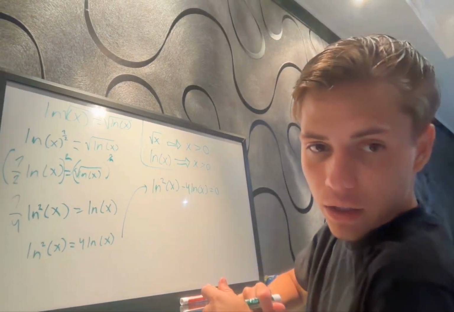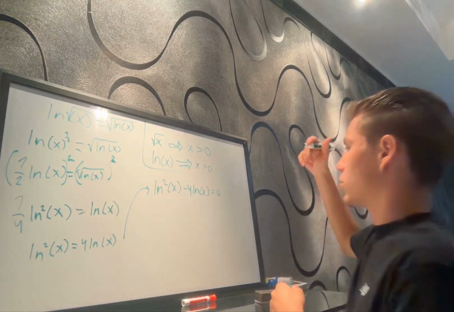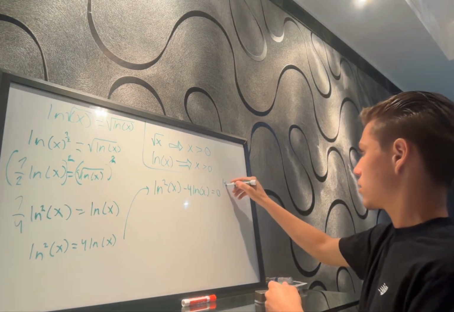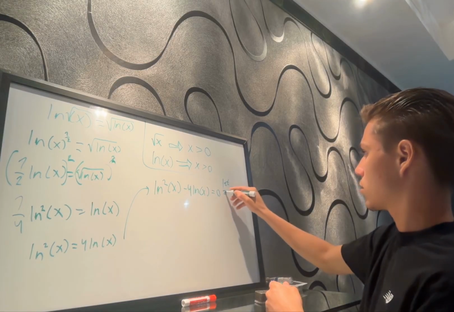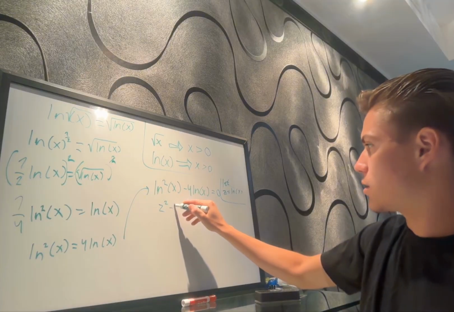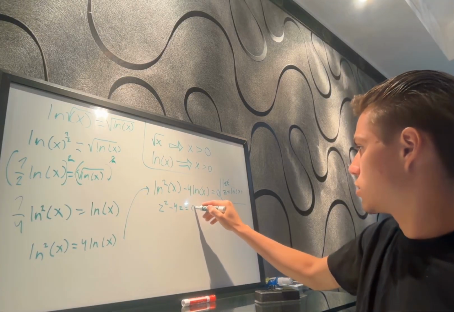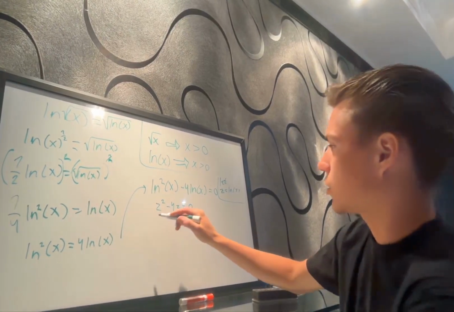Now we can either factor the natural logs immediately, or we can substitute. So for example, let z is equal to natural log of x. So here we're going to have z squared minus 4z is equal to 0. And now this is much easier, right? Because we could just factor out common factor of z.